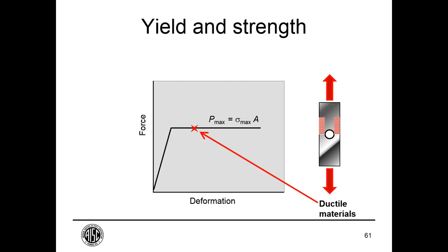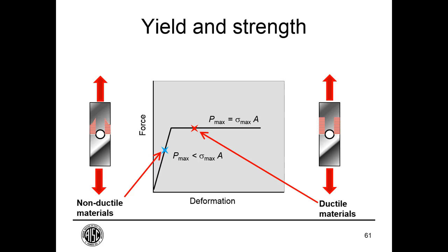All right, so ductile materials and non-ductile materials, right? If you integrate this stress strain curve, you can get a fully developed section with a ductile material and only partially developed with a non-ductile material.